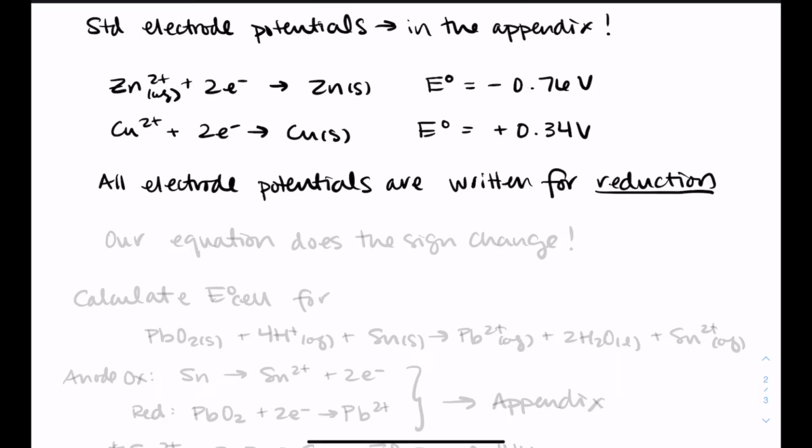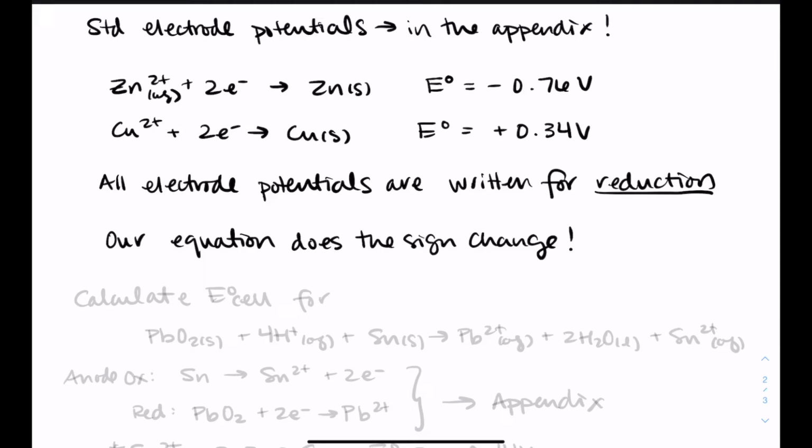But our equation does the sign change for us. So all we have to do, if you're doing cathode minus anode, is take the values from the appendix, plug them in, and the potential that you get will reflect the fact that one is oxidation and not reduction.